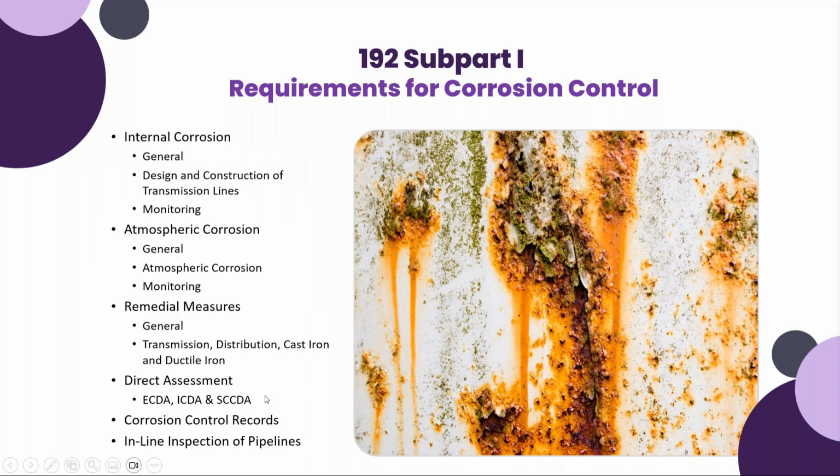And then we need to think about some of the other requirements for corrosion control, i.e., internal. Once it's been established that there's a corrosive environment, you need to be taking care of that. Of course, atmospheric corrosion and monitoring, remedial measures, and then DA, direct assessment for EC, that's external, internal, and SCC. And of course, records and inline inspection of pipelines. We'll get into that a little bit later.